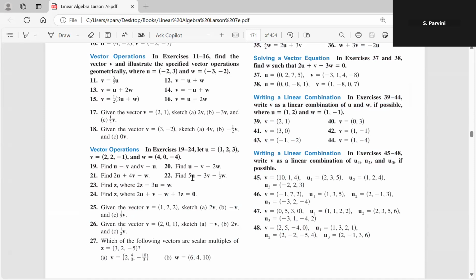Let me write this, number 22. Vector u is 1, 2, 3. And vector v is going to be 2, 2, negative 1. And vector w is 4, 0, negative 4.